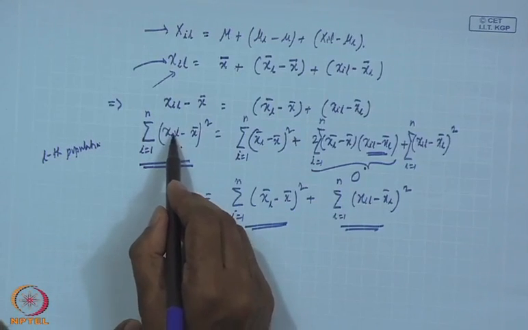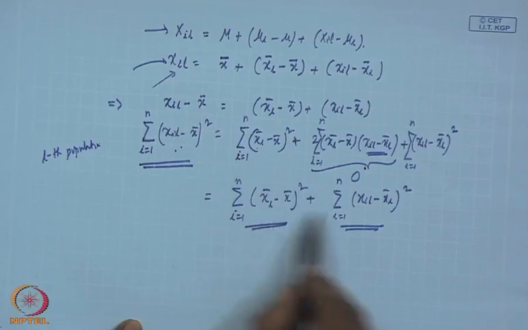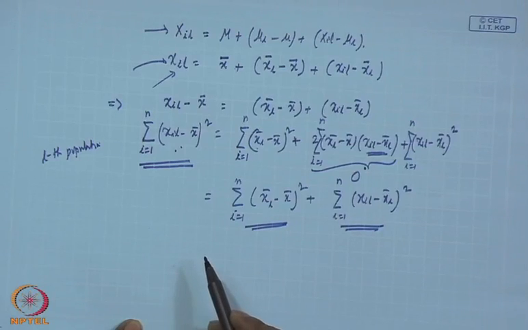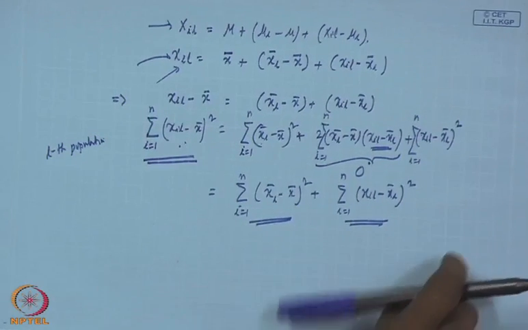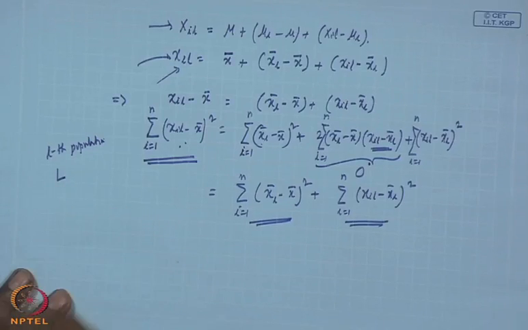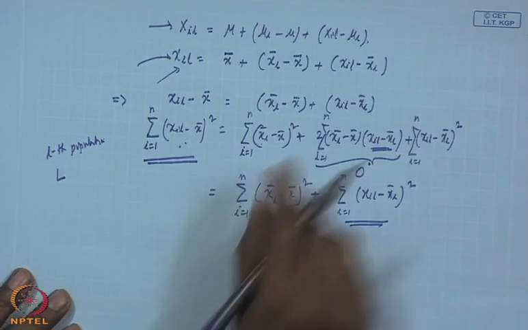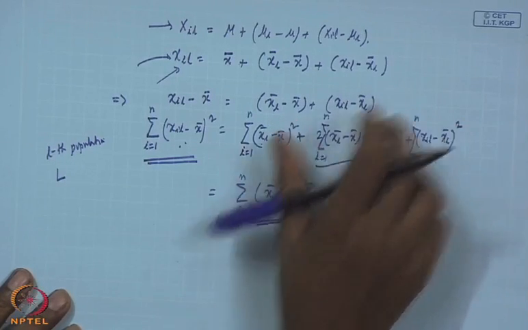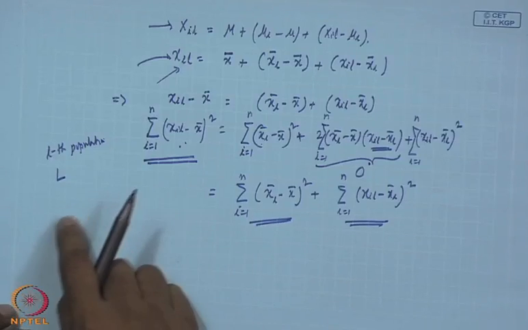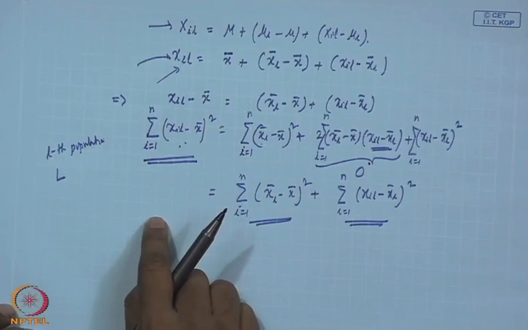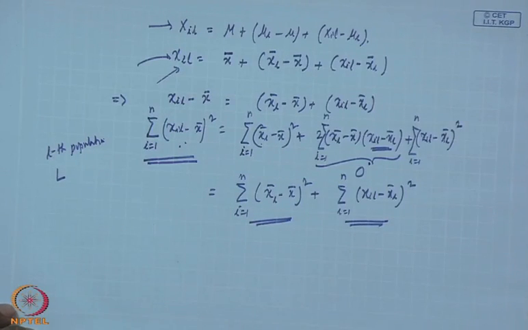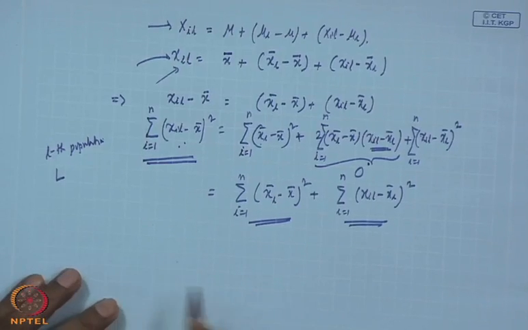Because we have taken x_iL, everywhere L is there, but how many L populations are there? Capital L populations are there. So, that means your observation is spread over all L populations. So, if I take one more summation, what will happen? What will you do then?